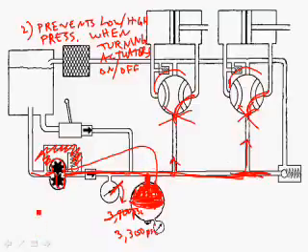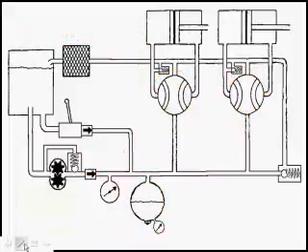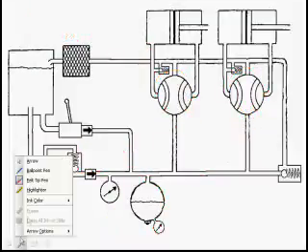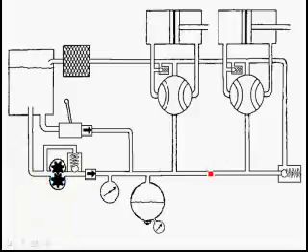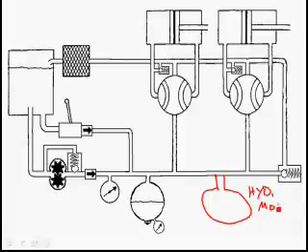Then there is number 3. The third thing that hydraulic accumulators can do, and this is not very common, but let's just say that we hooked up right here, we had a hydraulic motor.